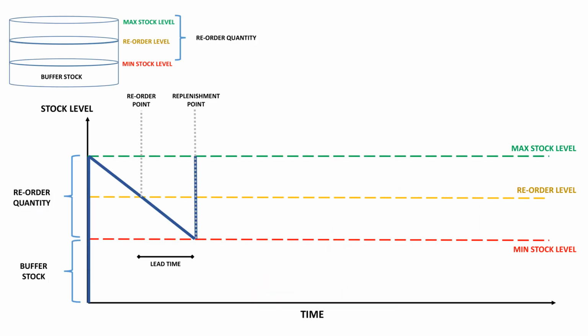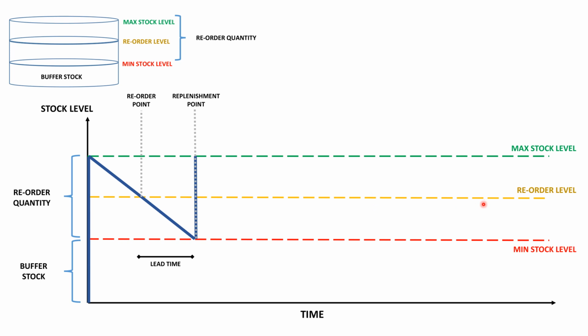Now we will look at the inventory control model, which is also called the Q system. In the inventory control model, we basically have three levels. The lowermost level we call the minimum stock level, that is the minimum quantity of material that has to be maintained at any given point of time.